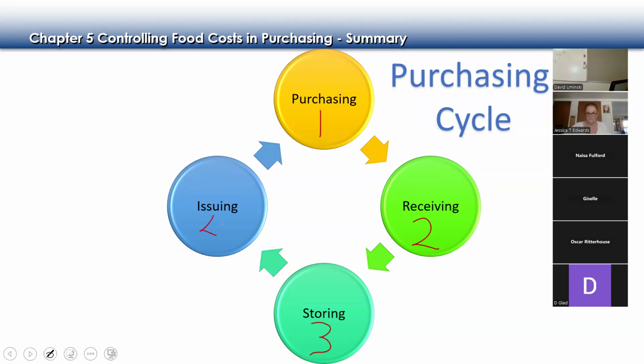And then when it comes time to issue, that's the fourth stage, which means we're going to put it into production. And then something happens right here in the middle. What happens between issuing and purchasing? Any thoughts?